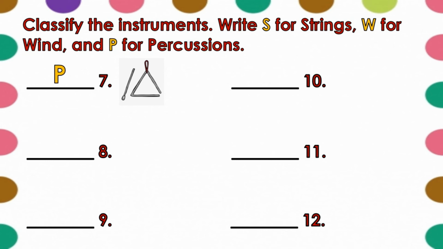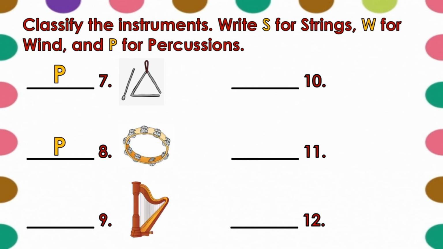Number 8. Tambourine. Is it string, wind, or percussion? Correct. Tambourine is percussion instrument. P. Number 9. Harp. Is it string, wind, or percussion?